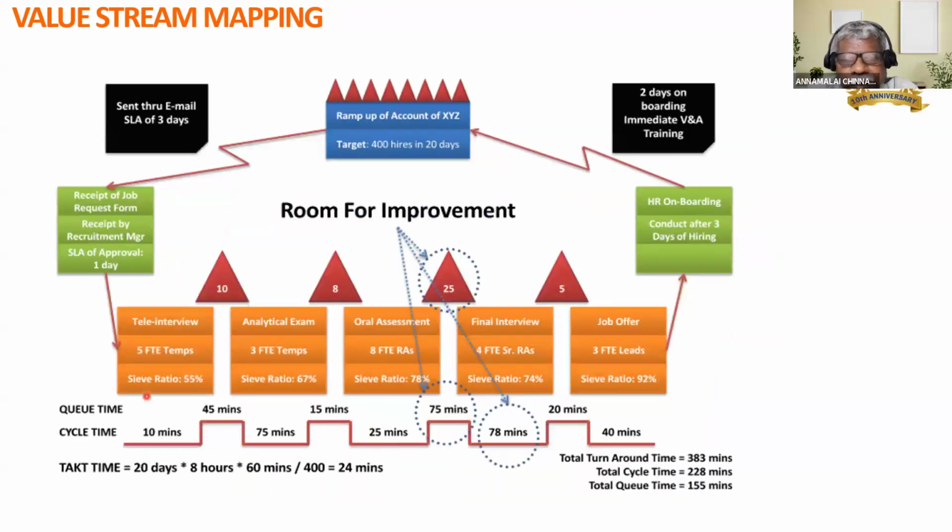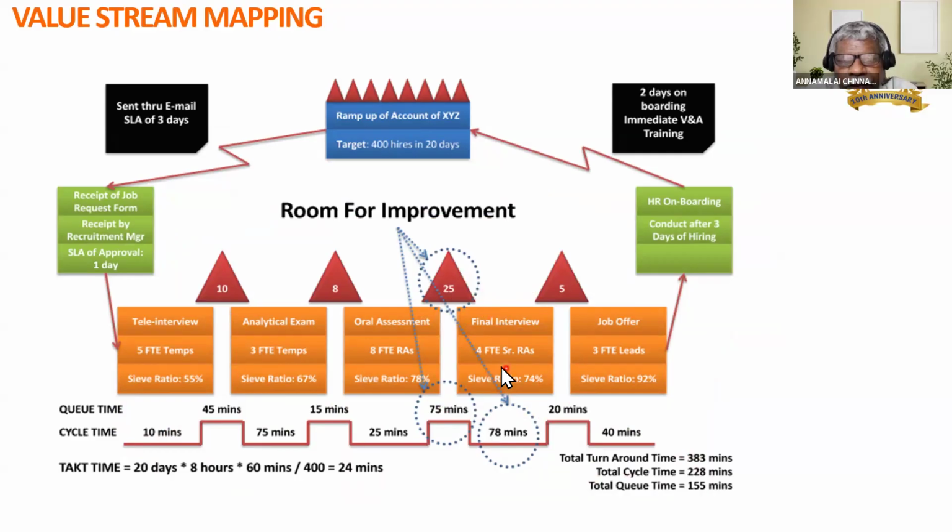And then you see what the total time is. Once you have all the information, you see the total time taken, the total turnaround time from the first one to the last one, and the cycle time. Cycle time is the time you are spending only on the process. Then you will be able to clearly identify the choke point.